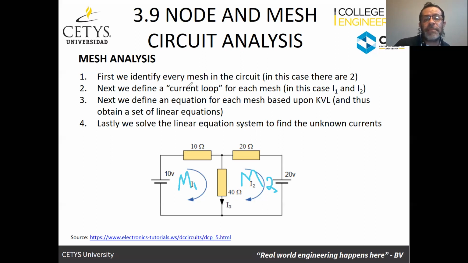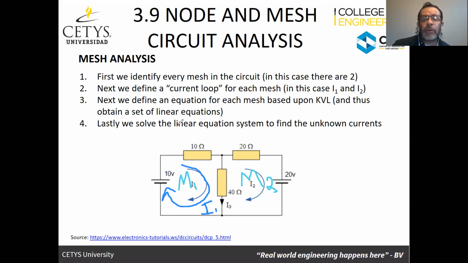So for each of these meshes, I'm going to define a current loop, which is basically a current that goes around the mesh. For mesh 1, I'm going to establish this current I1. I decided, because that's the way I woke up this morning, let's say, that I'm going to do this clockwise. Okay, I'm positive today, I'm not going to be negative. So it's clockwise.